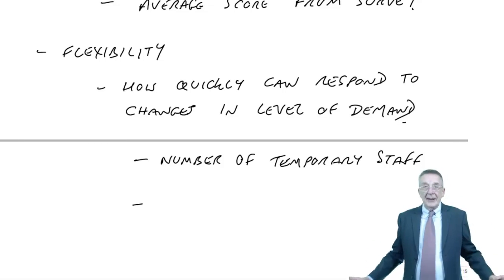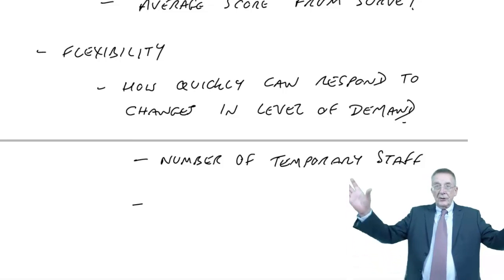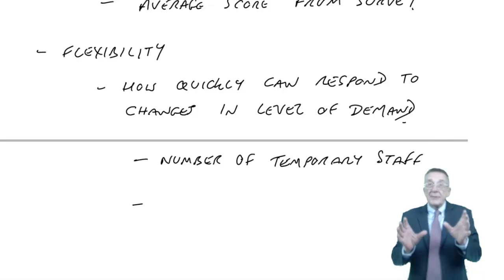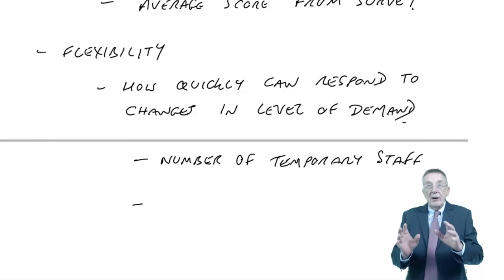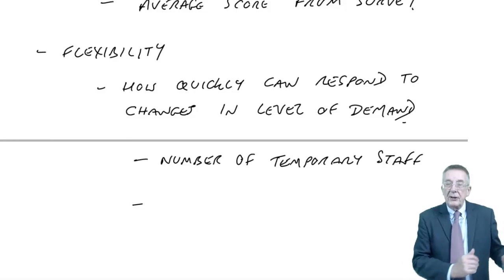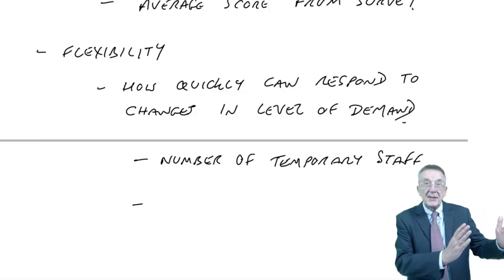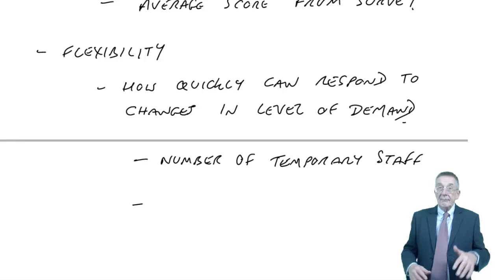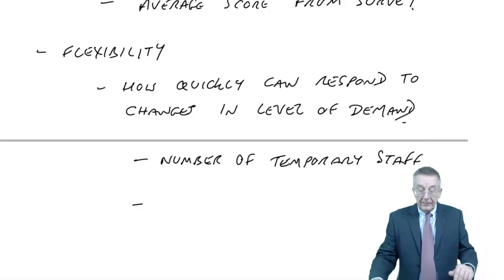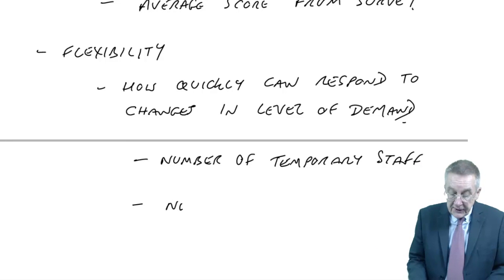Well, instead of having bar staff, restaurant staff, why not have staff who are able to do both jobs? The restaurant's busy, more of them move into the restaurant. If the restaurant's quiet and the bar's busy, they know how to work in the bar. Again, we'd be flexible. So the number of staff with more than one skill.